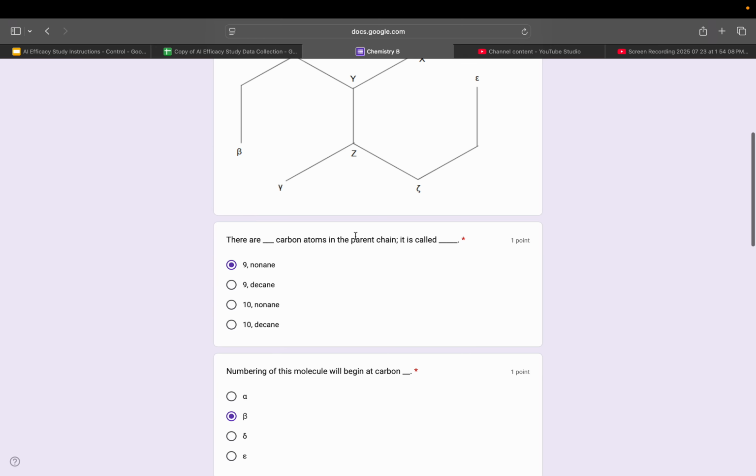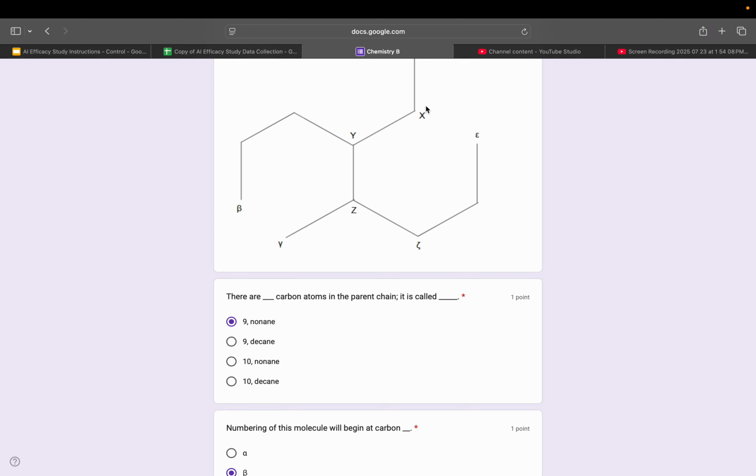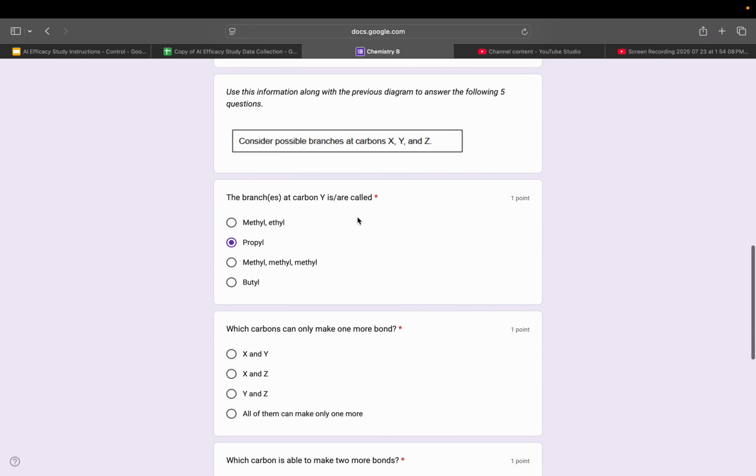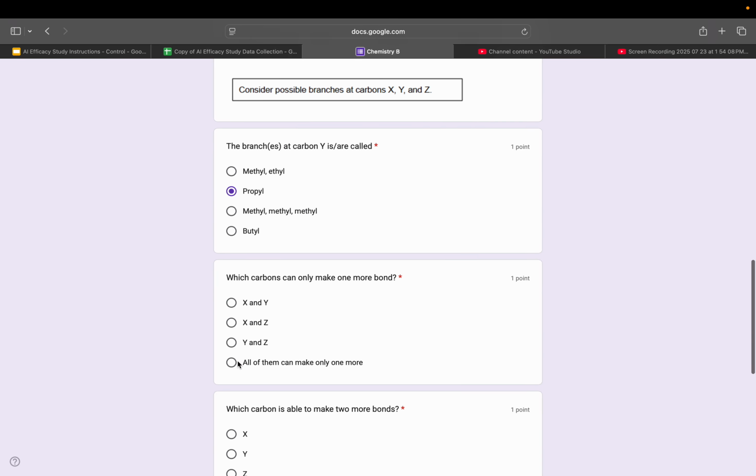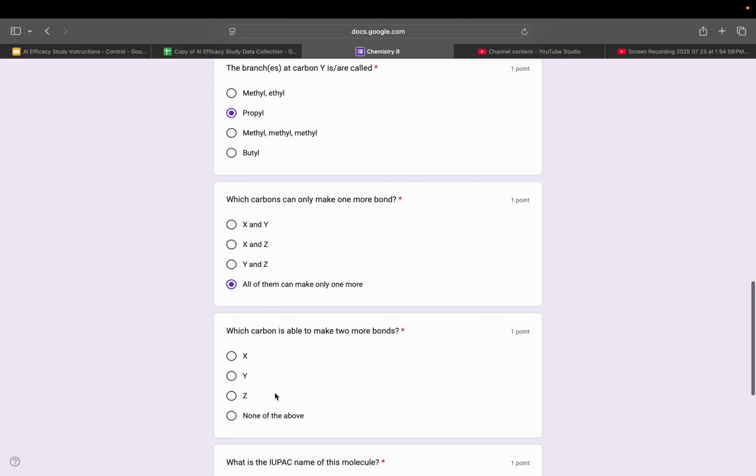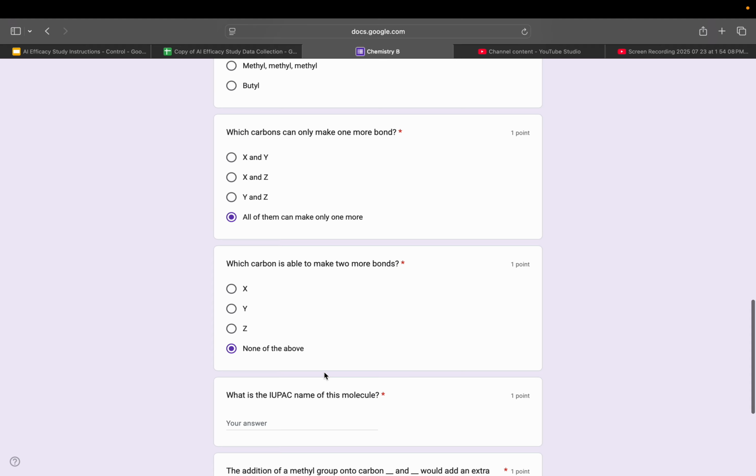What about Z? If all of them get 1 carbon, all of them will get something like CH3. So all of them can make, according to me. Which carbon is able to make 2 more bonds, X, Y, and Z? I don't think so, anyone, because they already have one.